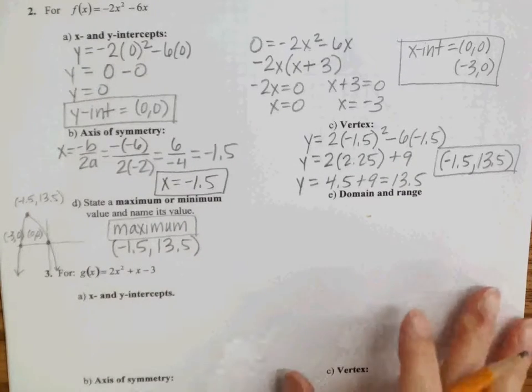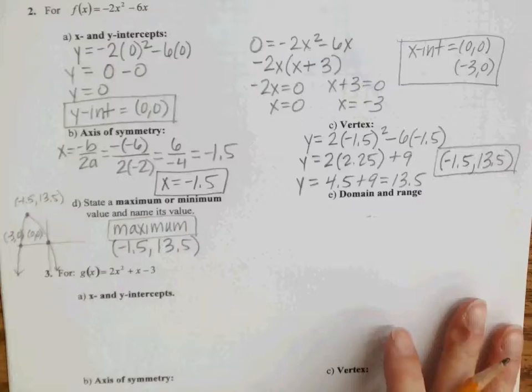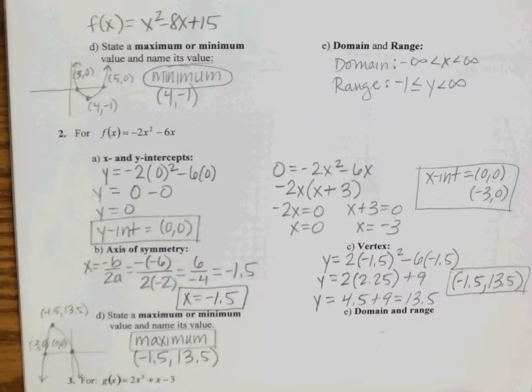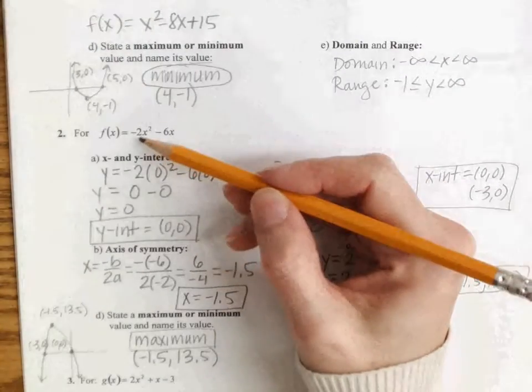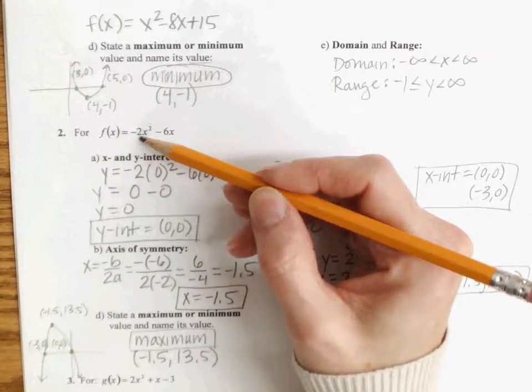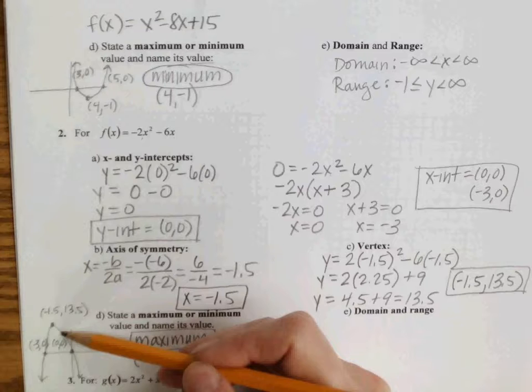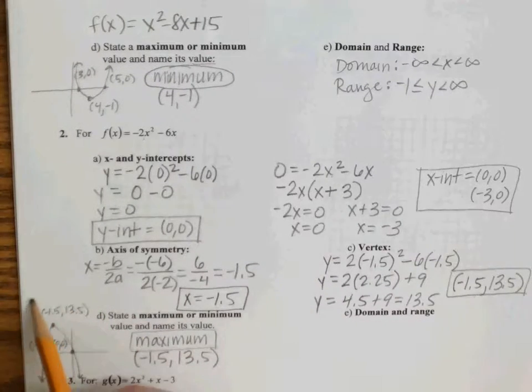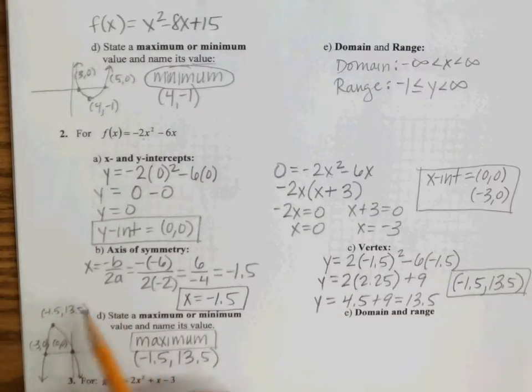Hey, I want to point something out real quick before we go on and do domain and range. Here we go, trying to squeeze it all in. You see how my ax squared right here is negative? Whenever I have a negative, I'm going to have an upside down parabola. Think about all those projectile motion and falling object story problems that we did. It was almost always like negative 16t squared because we were always throwing something up and then it was coming back down.